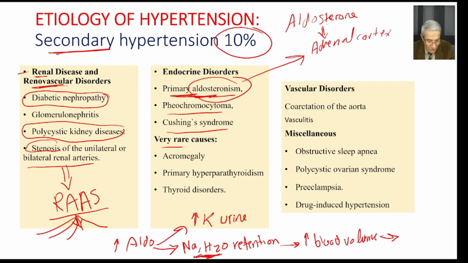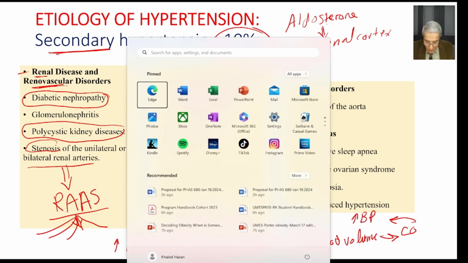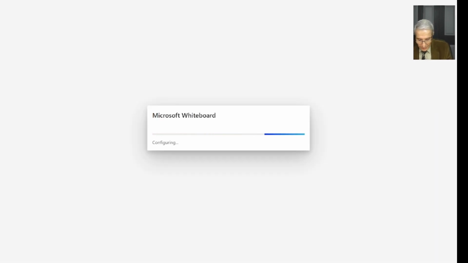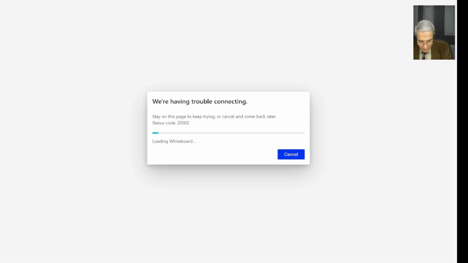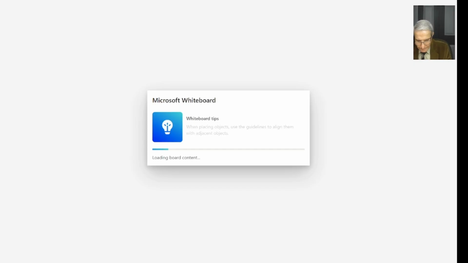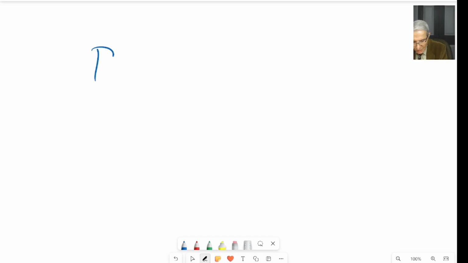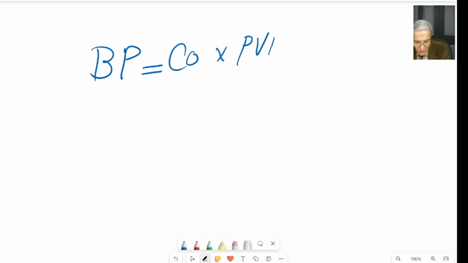Increased blood volume will affect cardiac output. Cardiac output will increase blood pressure. Why does cardiac output increase blood pressure? Because if you go to the equation, blood pressure is equal to cardiac output multiplied by peripheral vascular resistance.